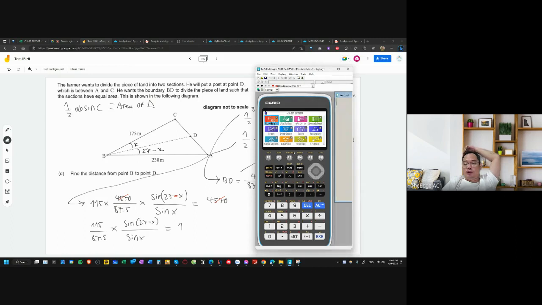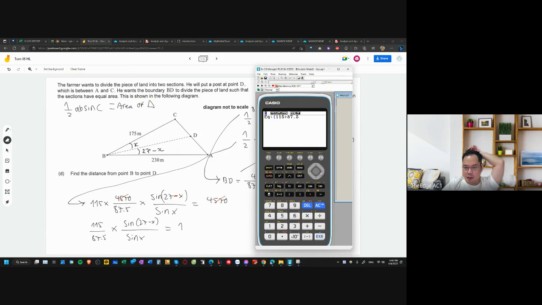Menu A. Solver F3, enter that function. Clear the old function with delete. Enter the function 115 over 87.5. To be more certain, I put a bracket, even though it's not really necessary.